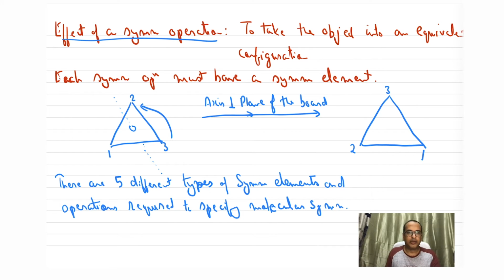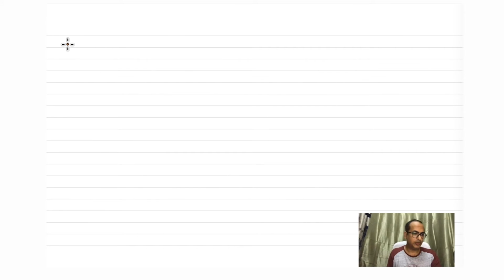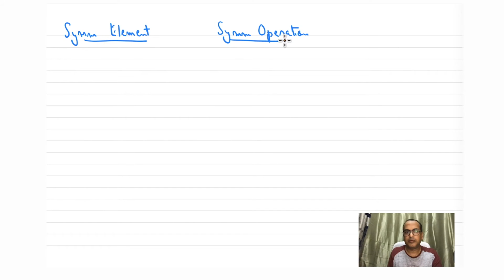Okay, so let's look at this one by one. Let's make a table of the symmetry element, then the corresponding symmetry operation, and what is the symbol that is used for the corresponding symmetry operation or the element.